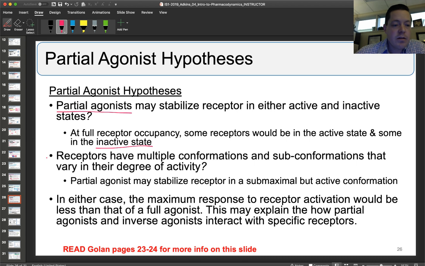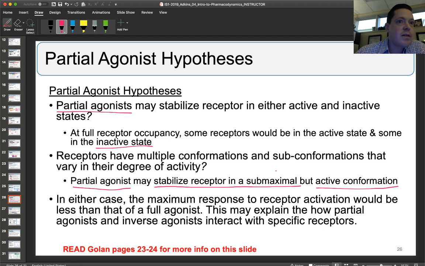Another theory is that while some of these partial agonists may stabilize the receptor into an active state, there can be multiple conformations that are considered active, and some of those may not be the maximal active conformation, while some could be submaximal active conformations. Think of it like pressing down the gas pedal of your car. Some partial agonists may be able to depress the gas pedal only about halfway.